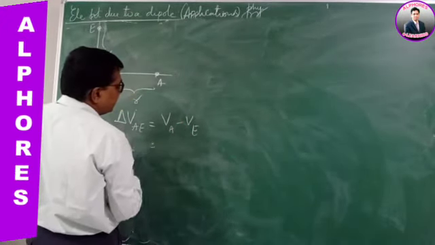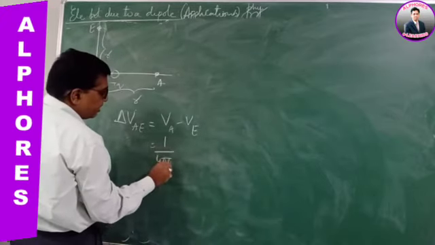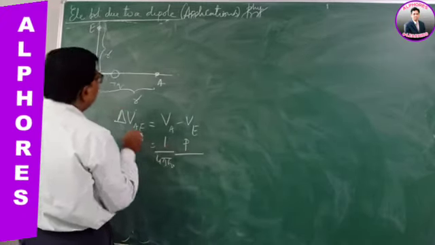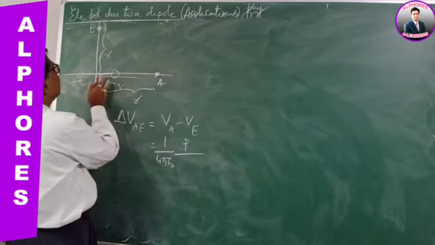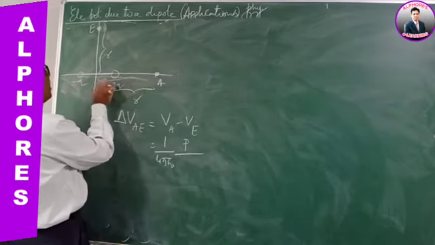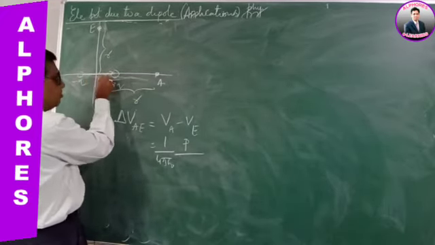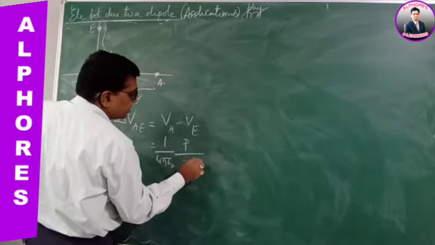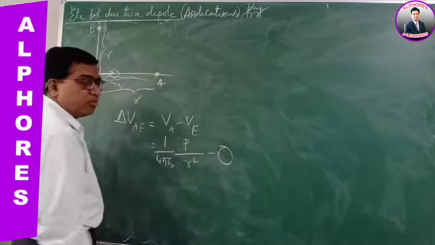Now the potential on the axial line is 1 by 4 pi epsilon naught P by, if the distance of the point is R and we are considering it as a short dipole, P by R square. On the equatorial line, we know the potential is 0.